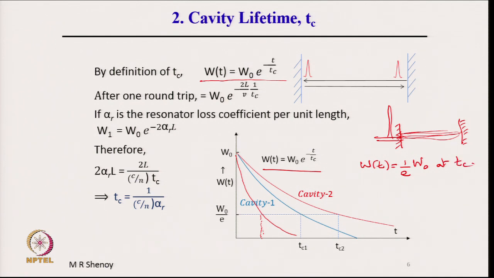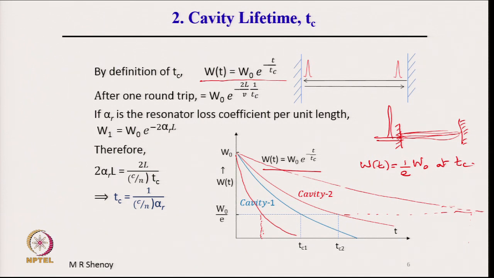Therefore, a shorter cavity lifetime means the resonator is more lossy, and a larger cavity lifetime means the resonator is less lossy. If the resonator is very low loss, the decay may go very slowly, and the cavity lifetime may be somewhere far away, which means a large cavity lifetime.